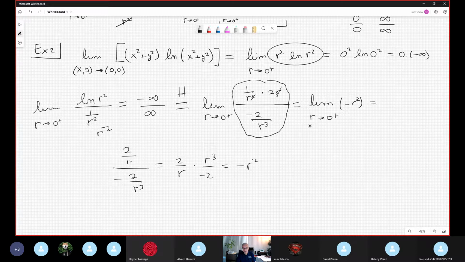And plug it in, and when you plug it in again, we have an indeterminate form. We would need to apply L'Hopital's rule several times, but in this case no, because when you plug in 0, 0 has no sign, so it doesn't make sense to say negative 0, it's 0. Everyone follow me?